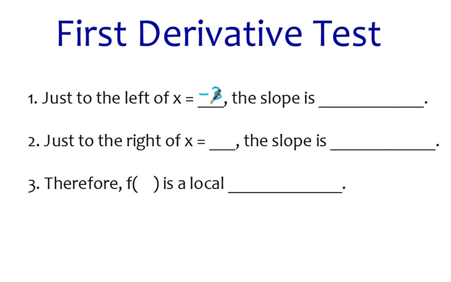Just to the left of -3, the slope is positive. Just to the right of -3, the slope is negative, and that signals to us that that output is a local maximum.